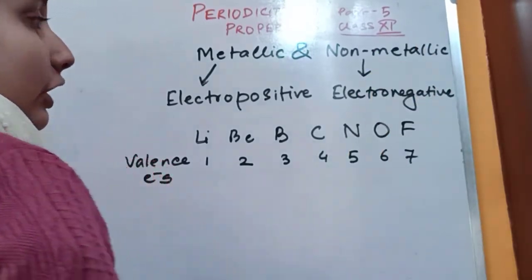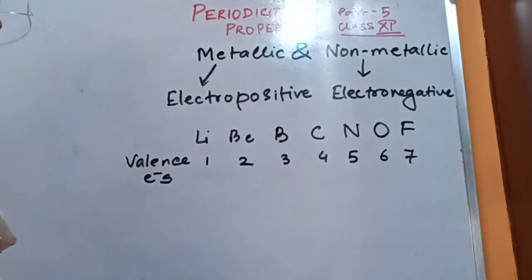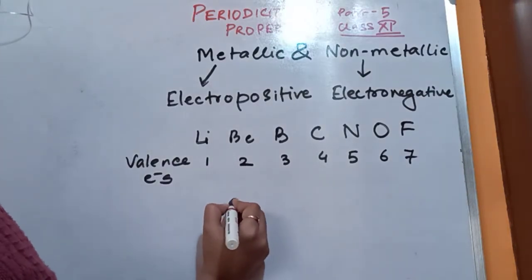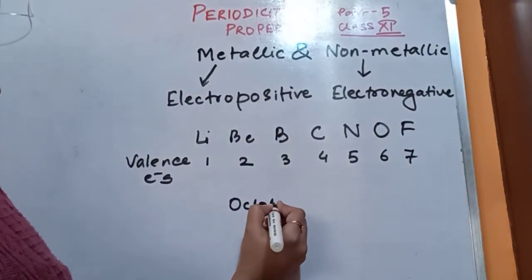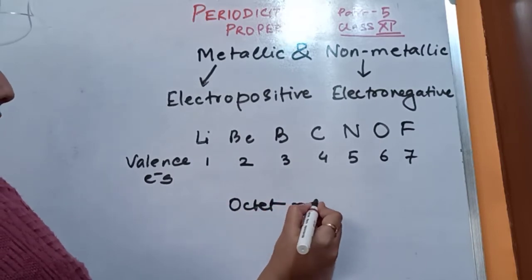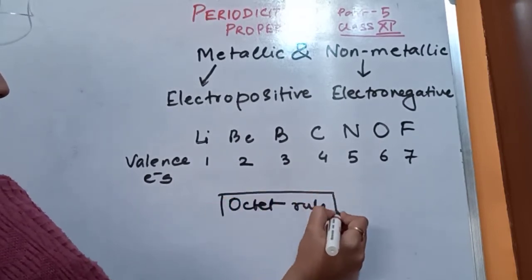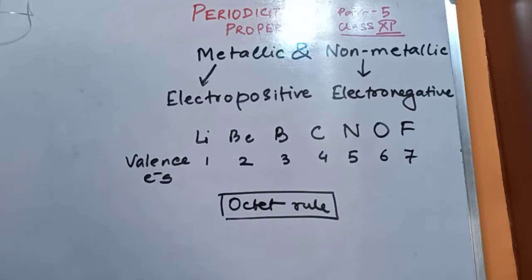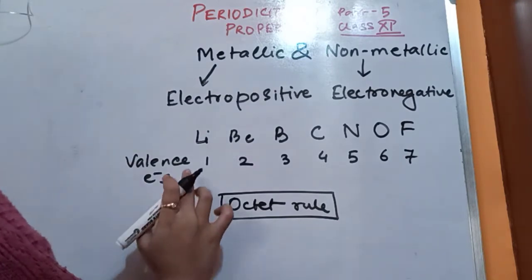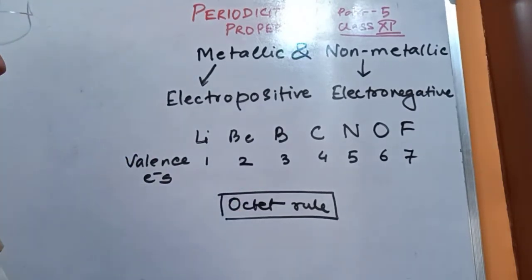We all know that the elements want to gain the stable outermost electronic configuration of 8 electrons. That is, they fulfill the octet rule. Lithium has one outermost electron.